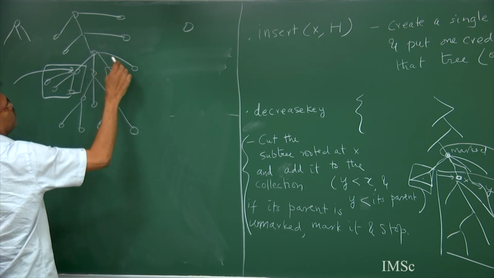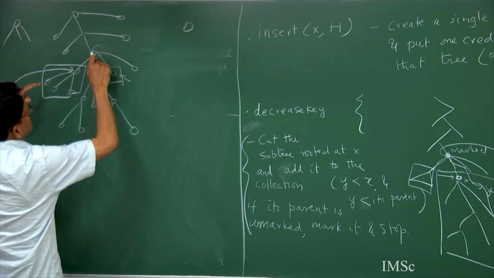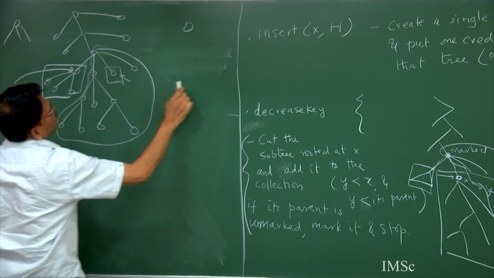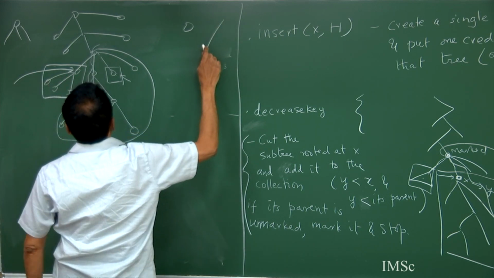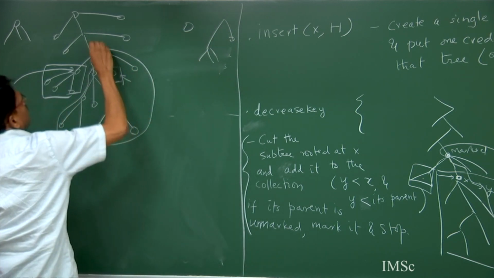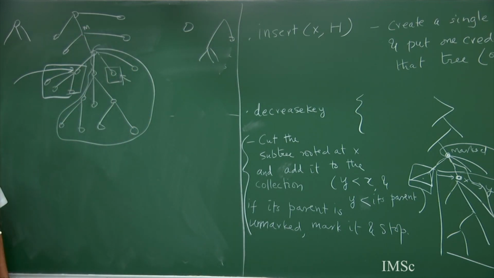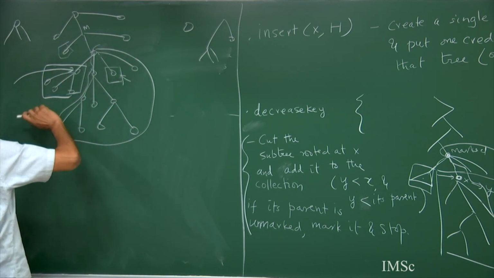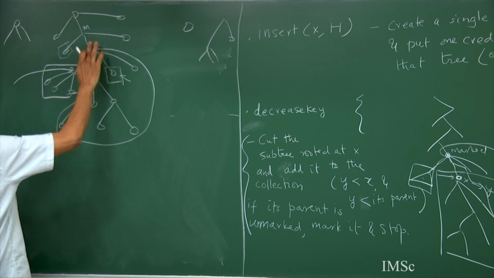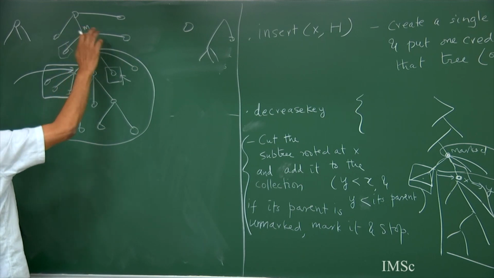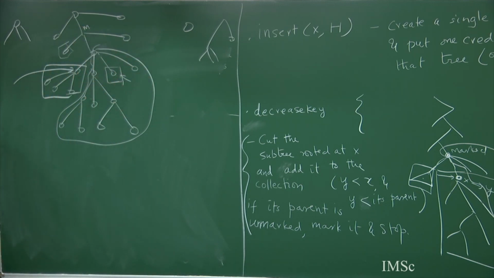So I'm going to cut this tree, which is this, excluding this, and add it to my collection. And I'm going to mark its parent. And next time, if by that time you had lost this child and it was already marked, then I'm going to cut the remaining subtree rooted at that, add it to my collection, and continue.